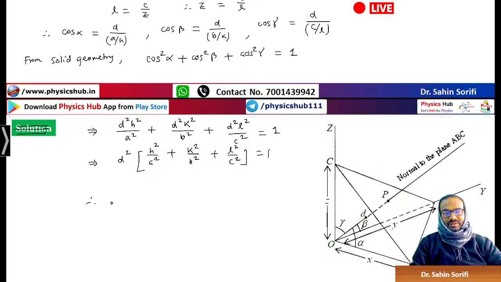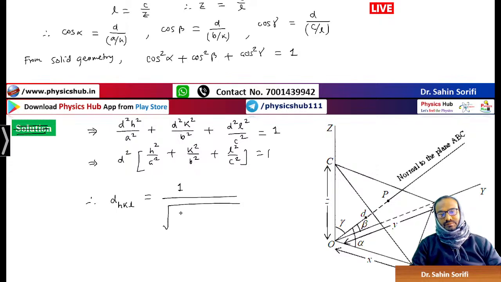From this, we can write d, let's say d_hkl because it depends on the values of hkl, as 1 upon square root of h square by a square plus k square by b square plus l square by c square.